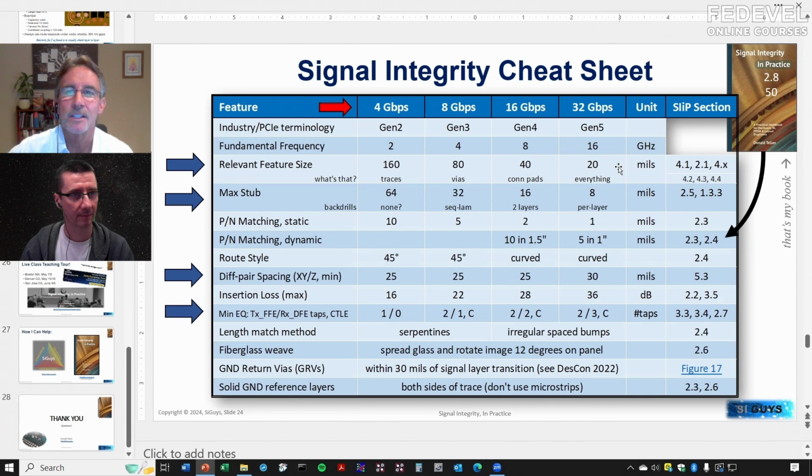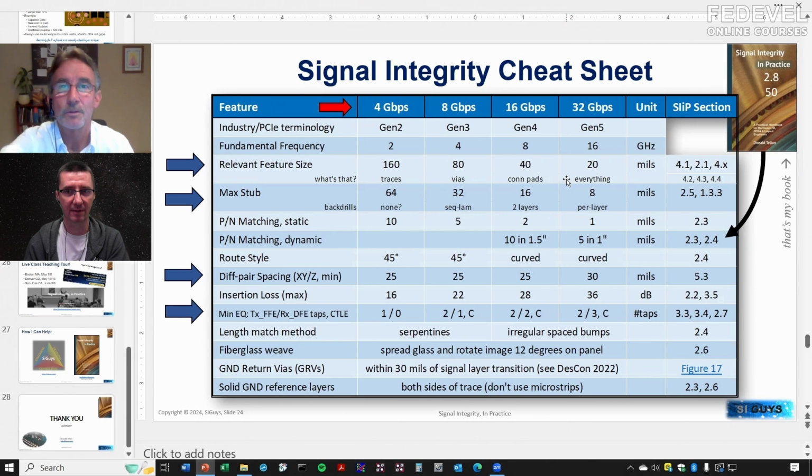We used to talk a lot about trace impedance. We still do, but then vias became important, then connector pads, and now, like I said, everything needs to have its impedance matched, or it becomes a discontinuity. That's why, for example, we sometimes make openings under the pads for these very high speed interfaces.